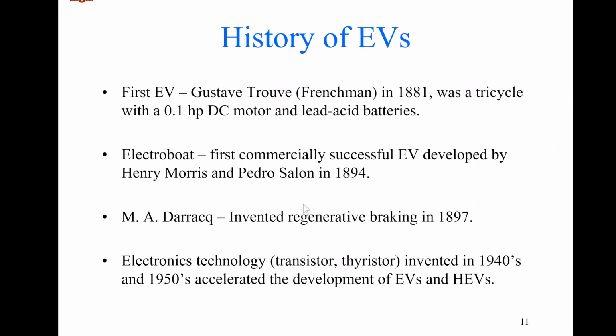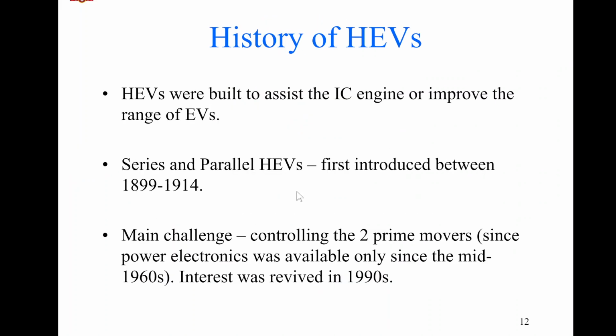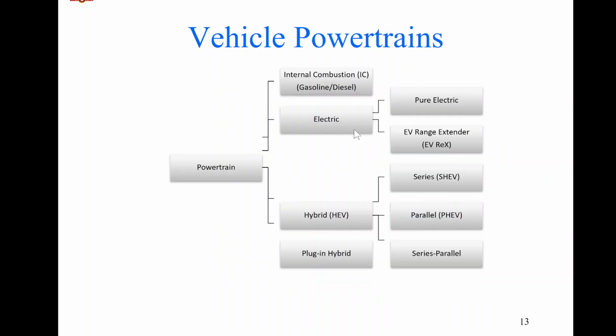Then we took a look at a bit of the history of electric vehicles, and various vehicle powertrain types, them being internal combustion engine, then electric, hybrid electric, and plug-in hybrid. In electric, we had pure electric as well as EV with a range extender, which essentially includes a small engine which can recharge your battery and extend your range.